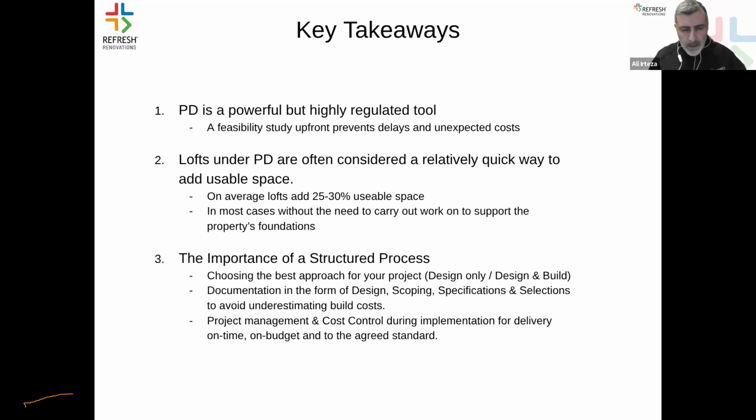And you also get about 25-30% of usable space, especially bedroom space, that's highly needed. And finally, the 5 steps that I showed to you, whether you're dealing with a project under permitted development or a planning application, it's important that the process is followed. This will allow you to keep control over the costs and time of the project.